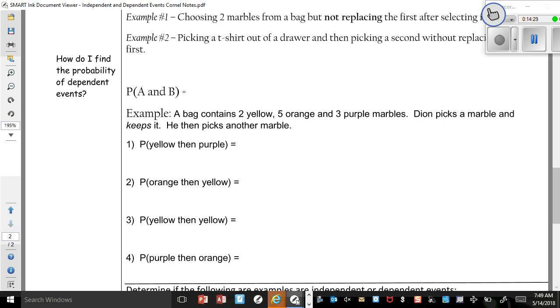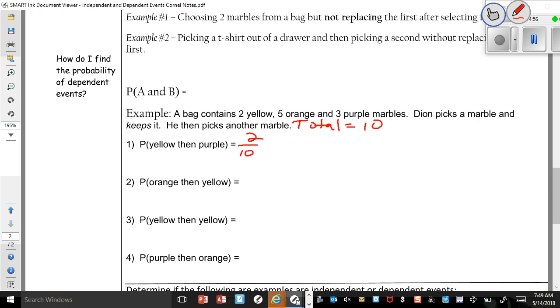All right, you ready? So what's the problem? All right, there are 2 yellow, 5 orange, and 3 purple. Don picks a purple marble and keeps it. So let's add up. What's the total? Equals 10. Got it? All right, so yellow is what? 2 out of 10.